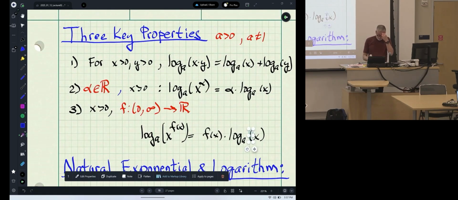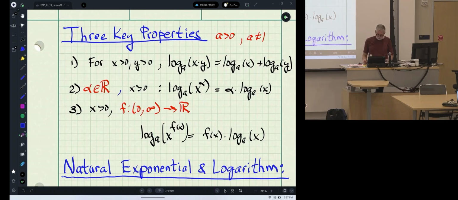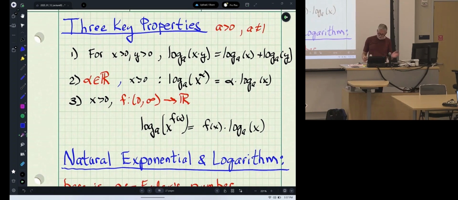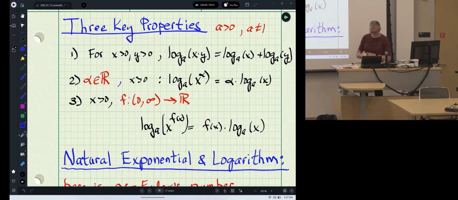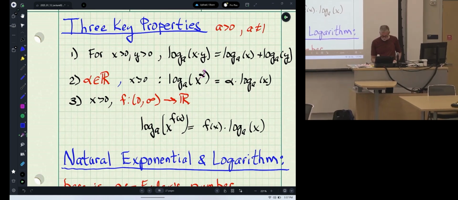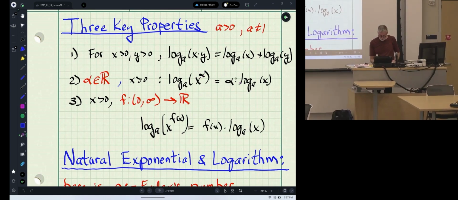Now, the 3 key properties of logarithms that we'll use throughout the term are that the log of a product is the sum of the logs. The log of a power: the power comes down and multiplies the log.